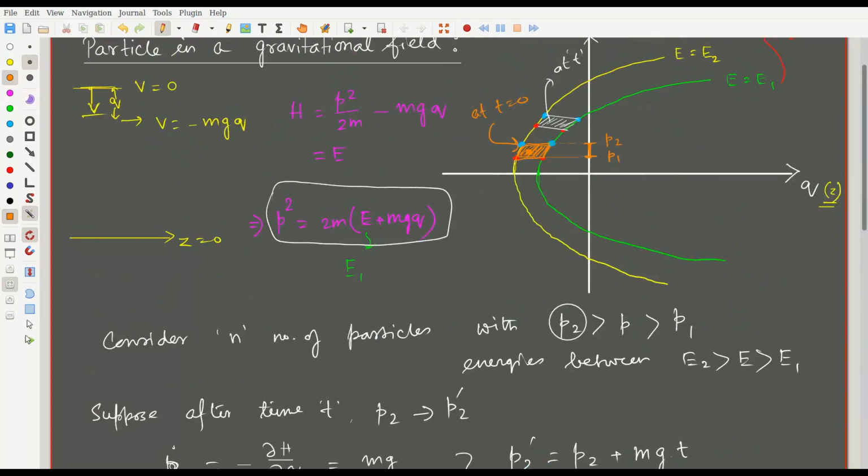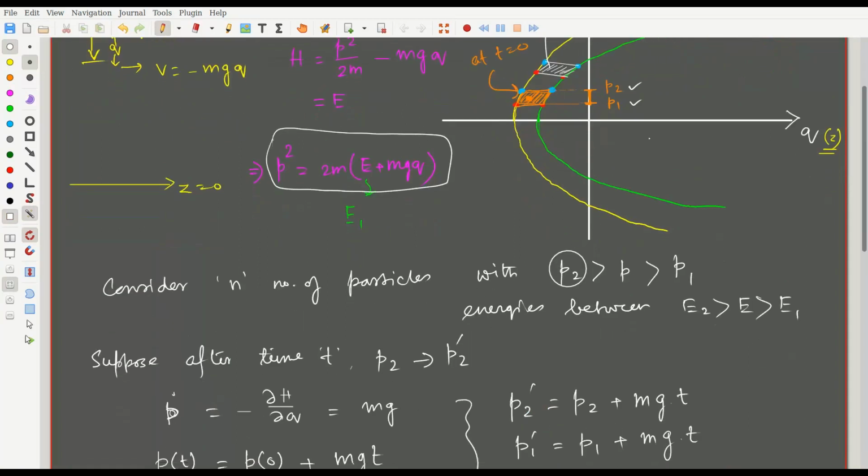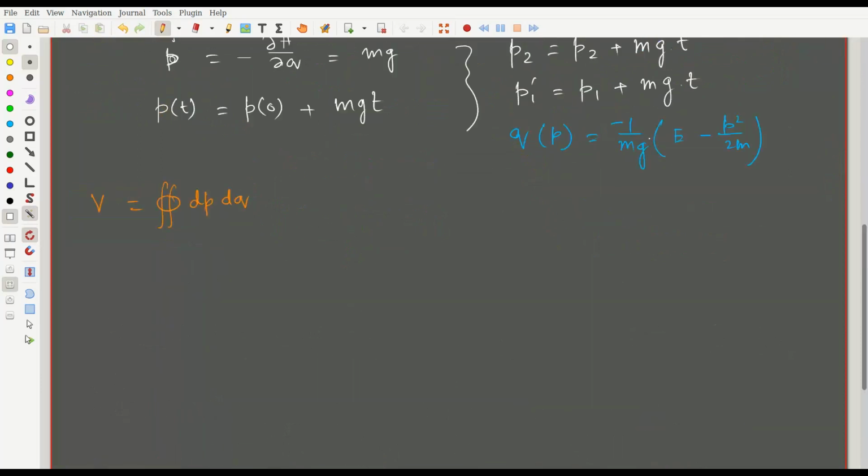But how do you do it practically? Now you see that the independent variable is p. You know p2 and p1, and q depends on p. So you do the integration of the dependent variable first, and substitute.